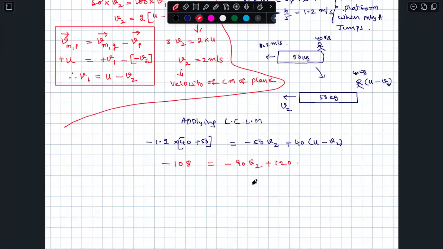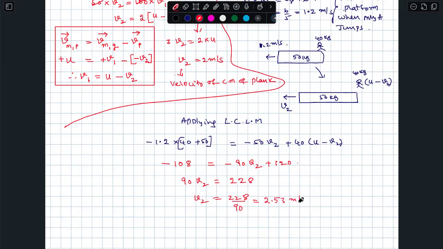Correct? So 90 V2 is 228. So V2 is 228 by 90. What is 228 by 90? It is 2.53, nearly.